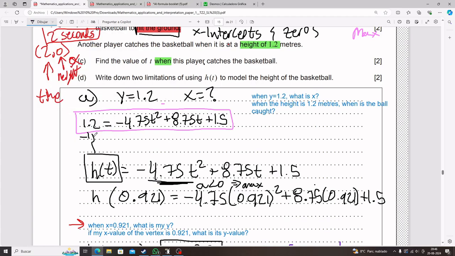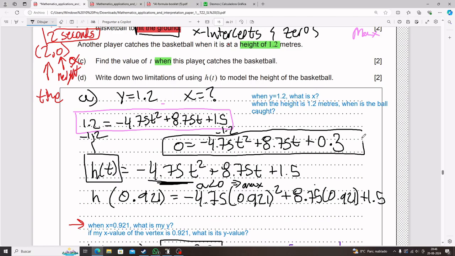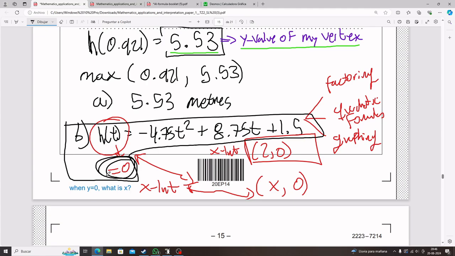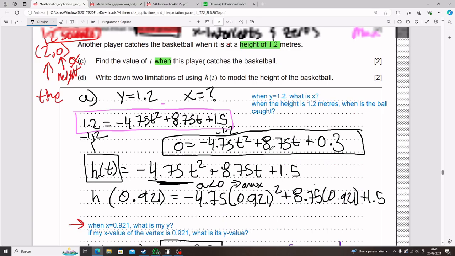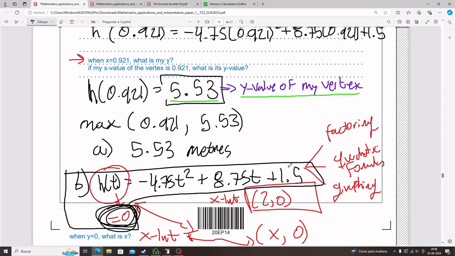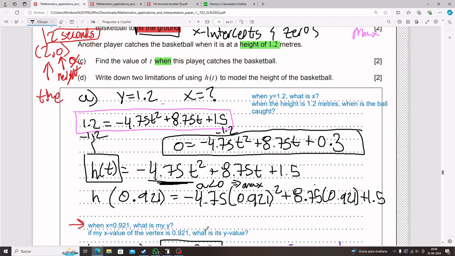I can start off by doing minus 1.2, minus 1.2, 0 equals negative 4.75 t squared plus 8.75 t plus 0.3. Now notice this procedure that's happening right here is actually the same procedure that I did for part B, because notice I equaled it to 0 for part B. And up here I'm also equaling it to 0, and the only difference is that my C value, instead of being 1.5, is 0.3.